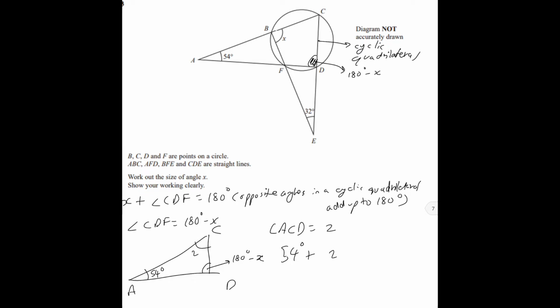I'm trying to find out how to solve this question, because it looks a bit tricky at the start, but if you understand the concept well, you can get it. So we're going to do something like X plus Z plus 32 is equal to 180. We can also mention that angle CDF is equal to Y. So instead of calling it 180 minus X, we can just call this Y as well.